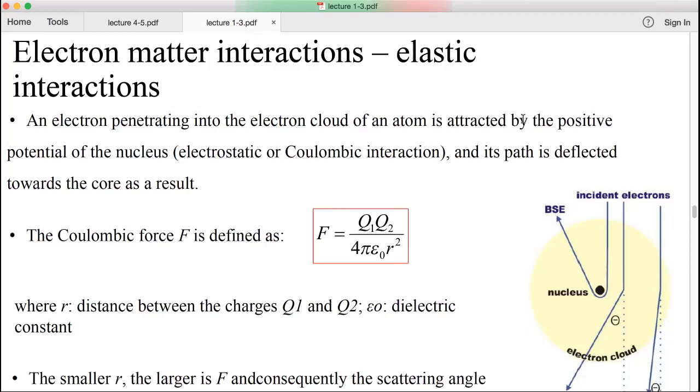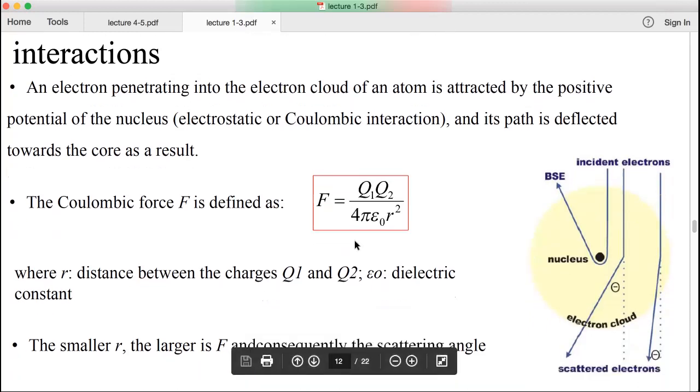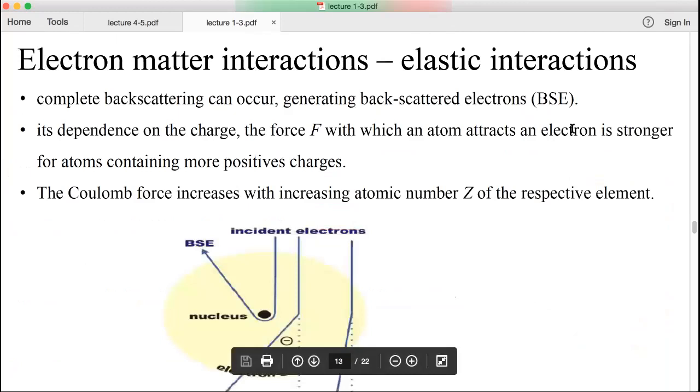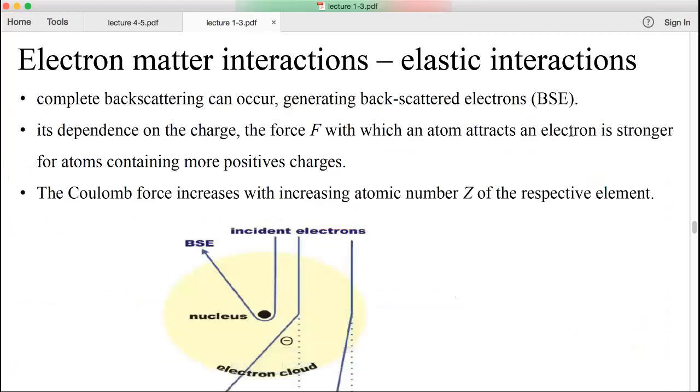So the closer you get towards the nucleus, the higher the scattering angle you will have. So backscatter means a complete U-turn, like 180 degrees. In elastic interactions, complete backscattering can occur, generating backscattered electrons.